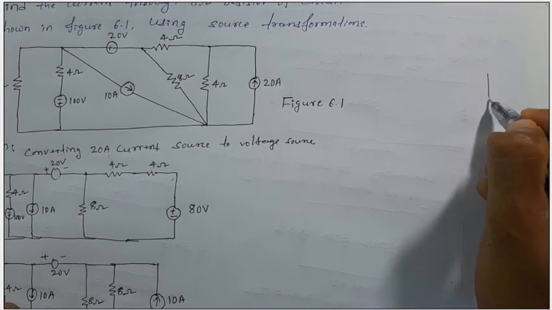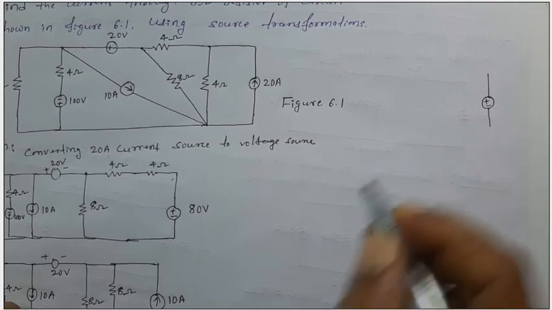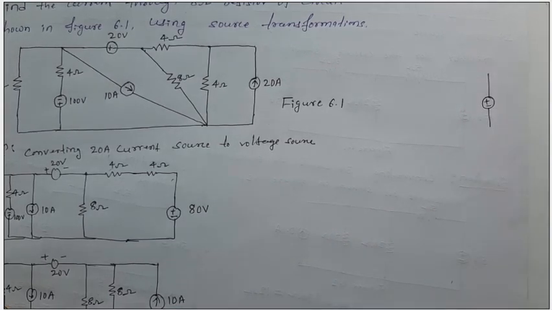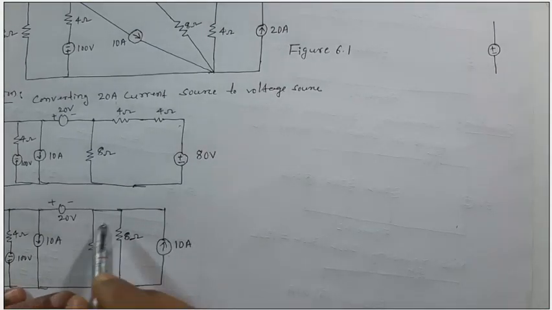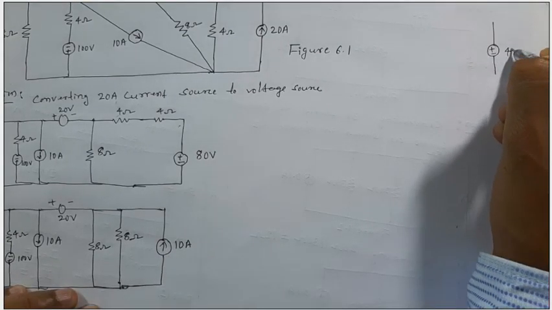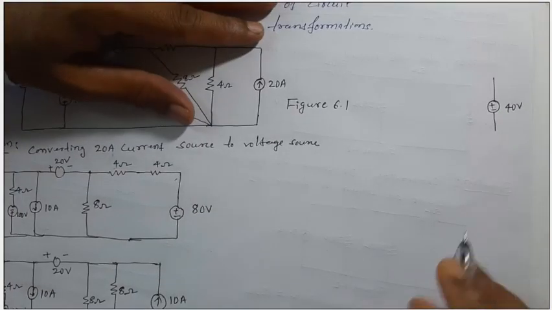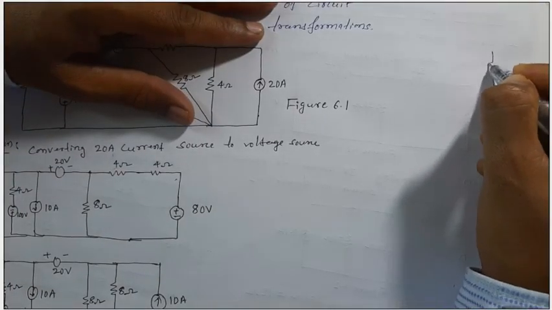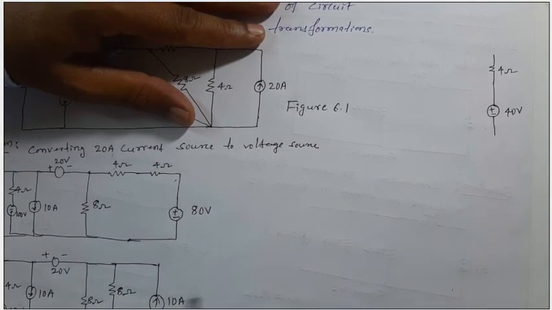How we get it: plus minus, it is 10 ampere into 4, because both are in parallel, nothing but 40 volts, and this 4 ohm resistor will be in series, this is 4 ohm.